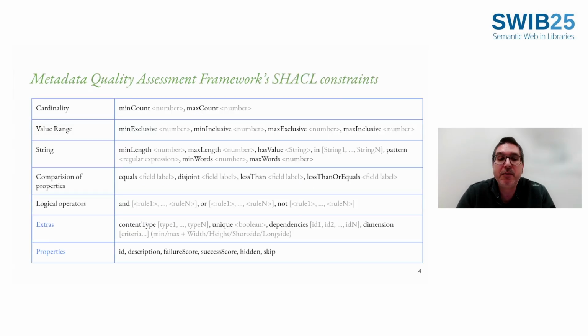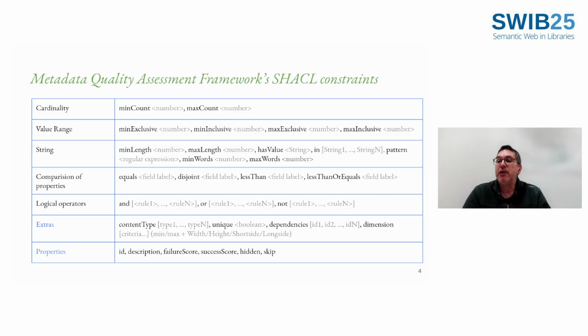So I implemented this idea in an already existing tool, the Metadata Quality Assessment Framework. The idea, I call it Shacl4Bib. It keeps cardinality-related constraints such as minimal and max count, value ranges, constraints against strings, comparisons of data found in the records, and logical operations. So these are the existing constraints in SHACL.